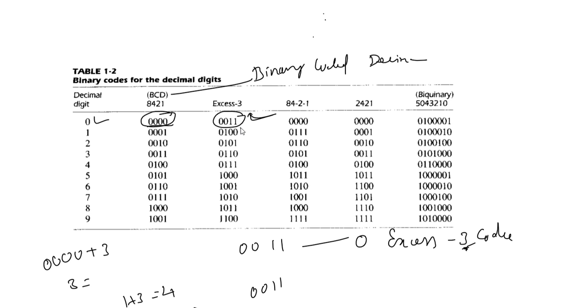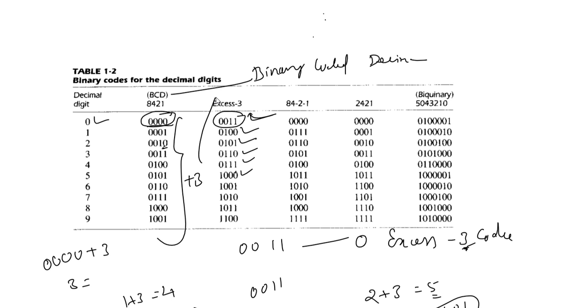For 2, I add 3 and it becomes 5, which is 0101. Like this, all digits can be written with the help of excess 3 code. That simply means you add plus 3 to the BCD, and that becomes excess 3 code. I think you are getting it now.